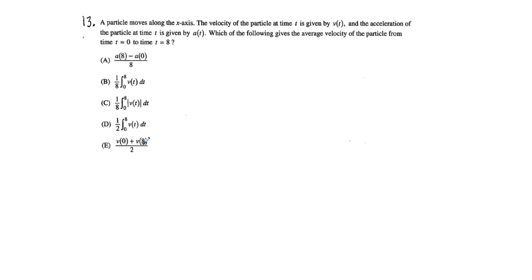Well, this one right here for E is not the average velocity, that's the average position, right? Because you take, anyway, it could be the average position. I think this answer to average velocity of the particle, you take the velocity equation and you take the integral of that in 1 over 8, which is 1 over b minus a.